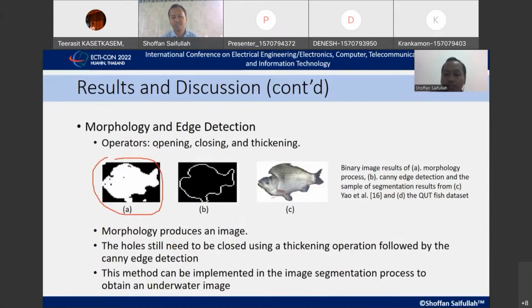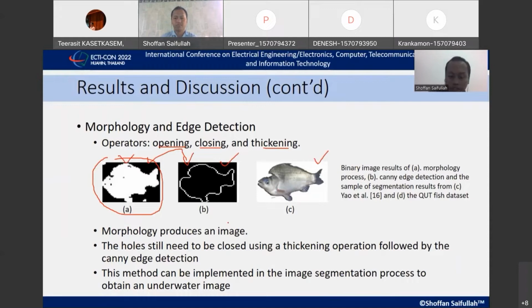For morphology, we have three operators: opening, closing, and thickening, and we get a result like that. From the morphology result, we create the edge detection like in figure B. This is the last process, and we can show the image of the text.